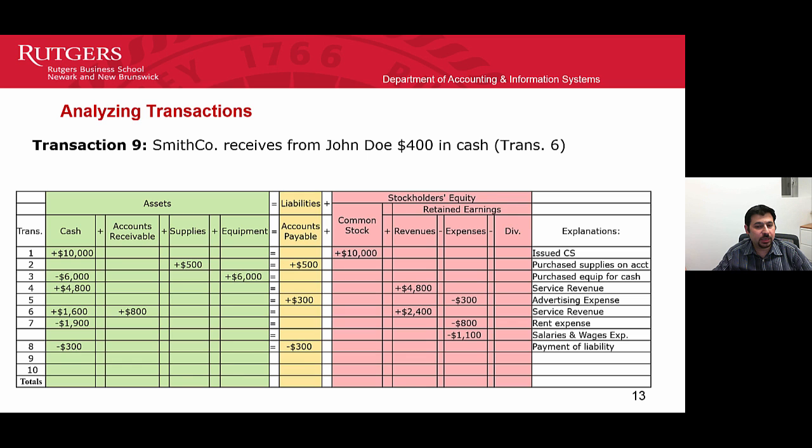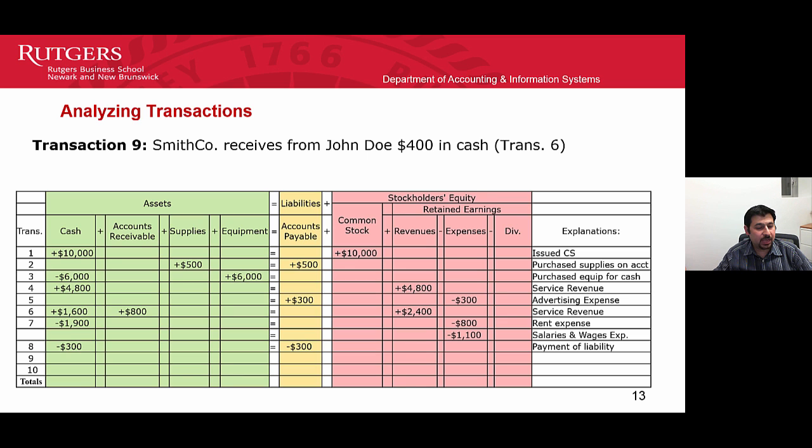So this is when Smithco provided them with services, and rather than paying the full amount in cash, they paid $1,600 in cash, and the remaining $800 was a debt to Smithco from John Doe. So basically here Smithco had accounts receivable of $800.